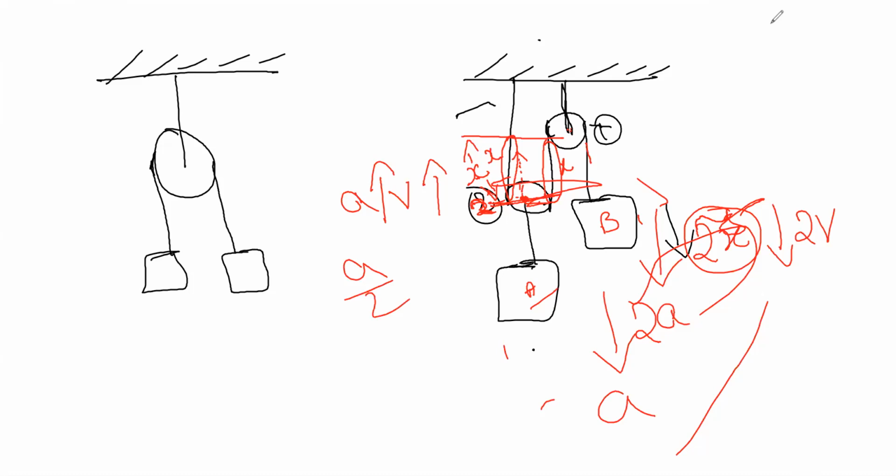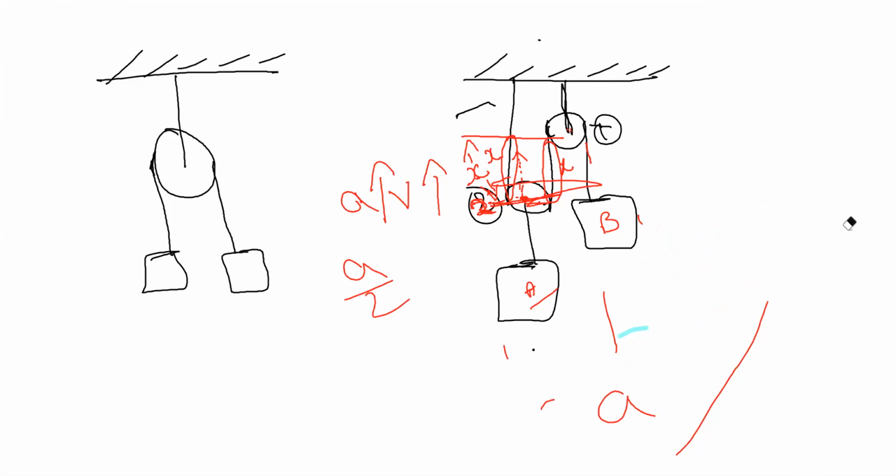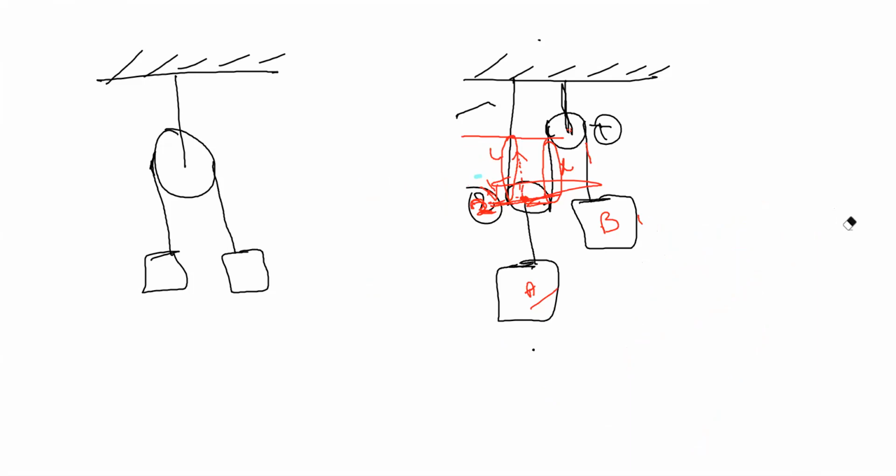Since we need to know only the acceleration of the block, we are assuming this block B is moving downwards with the acceleration of 2a. You can take a also, but to avoid fractional values, we are taking 2a. Then the acceleration of this pulley becomes a.